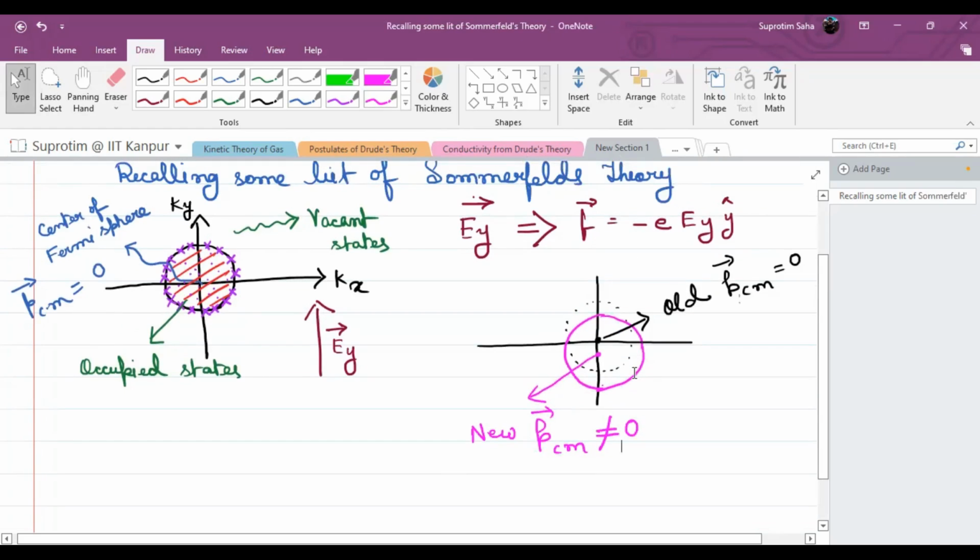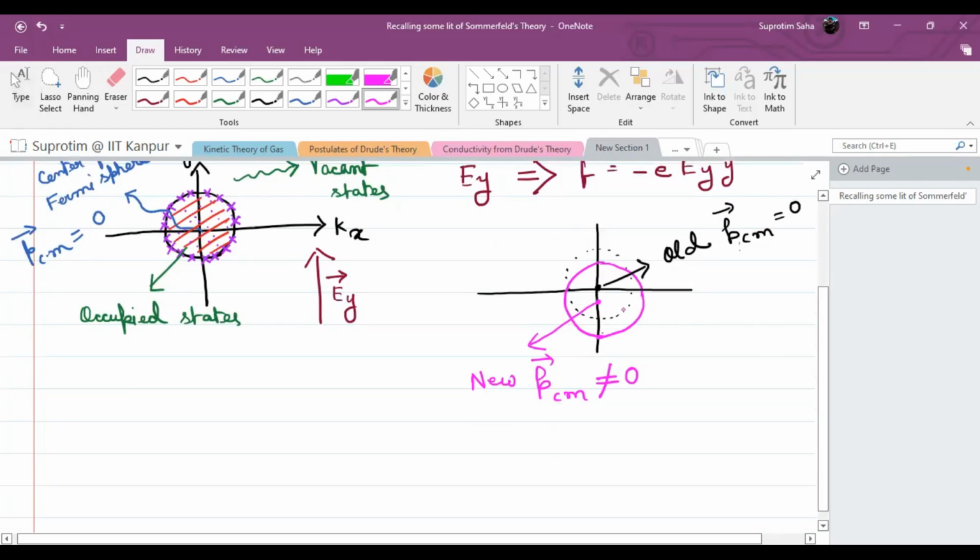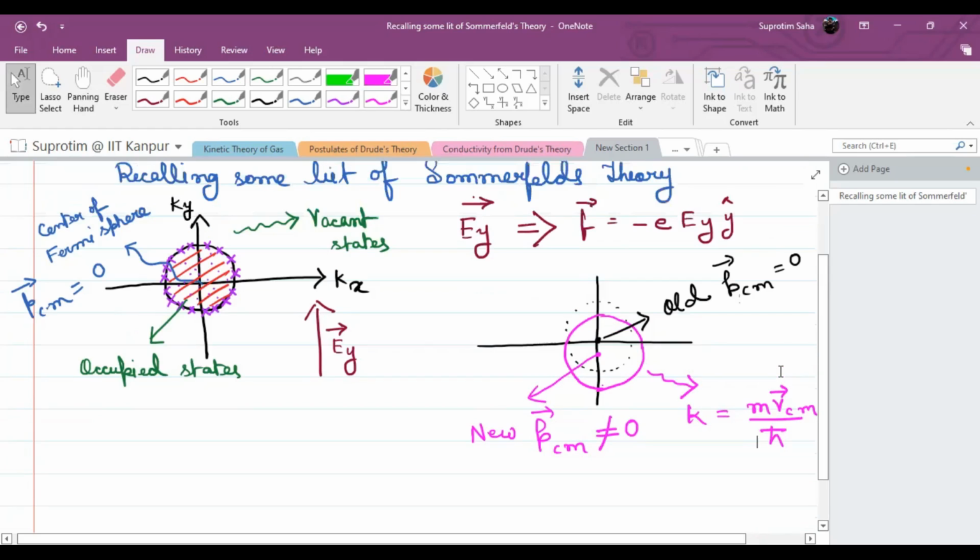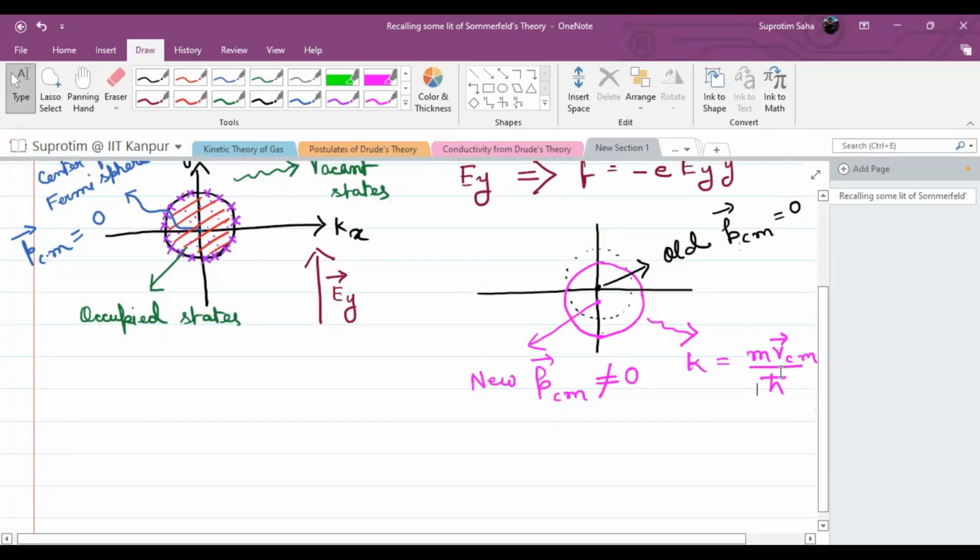All right. So the K vector is m v center of mass over h cross. So that defines the center of mass momentum in the K space. All right. So this was our picture of the Sommerfeld's model.